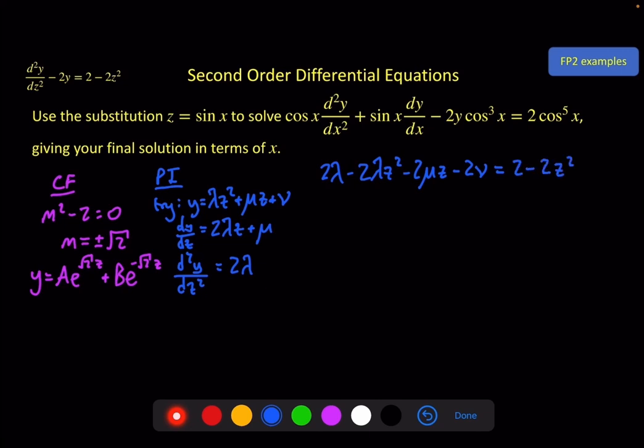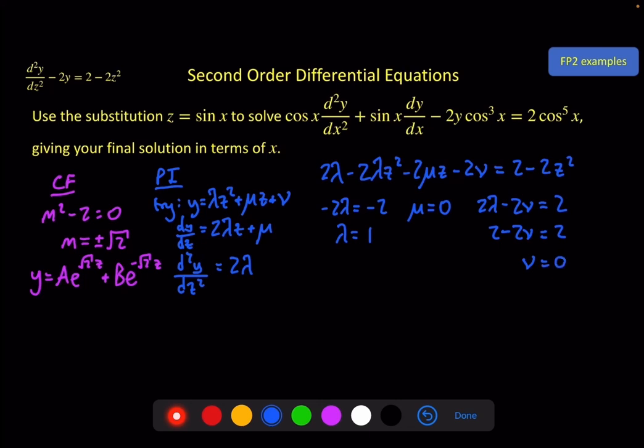Equating the z squareds, we've got minus 2 lambda equals minus 2, so lambda equals 1. Equating the z's tells us that mu must equal 0, because there are no z's on the right hand side. And then we've got 2 lambda minus 2 nu equals 2 for the constants, and we know lambda is 1, so that's 2 minus 2 nu equals 2, which means nu must also equal 0.